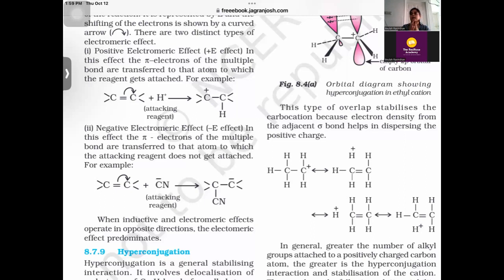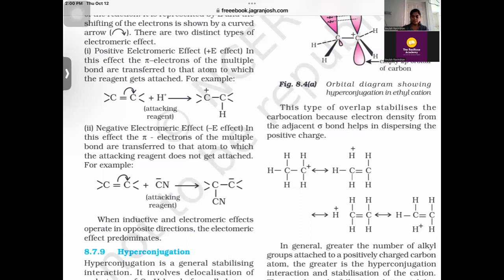That completely shared pi electrons is now transferred from the multiple bond to the particular atom or substituent group to which the reagent gets attached. Whether the reagent is at an electrophilic center or nucleophilic center, that center is known as the atom.